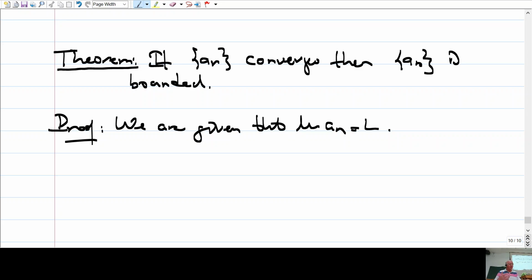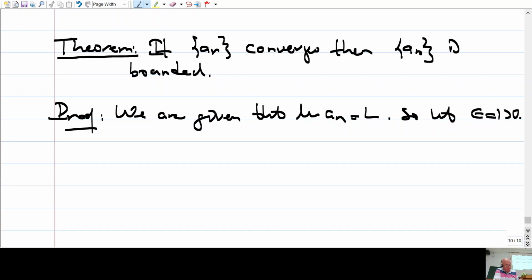Given epsilon, there is some N that works for any epsilon. In particular, it works for epsilon equals 1. Epsilon should be a positive number. I cannot choose it to be 0, but I can choose any positive number I want. So let epsilon be 1, which is a positive number.